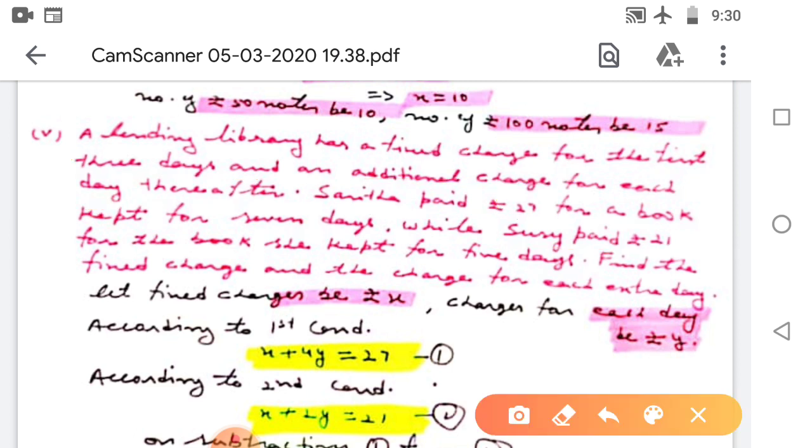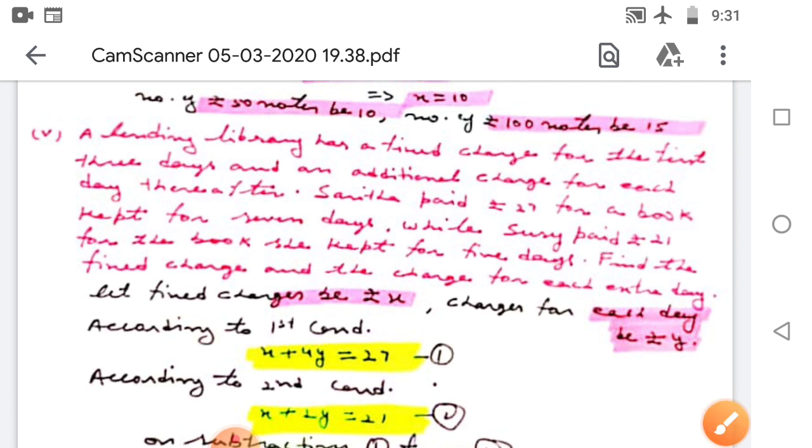For the first 3 days the charge is fixed, and after that an additional charge will be charged per day. According to the first condition, Sarita paid 27 rupees and kept the book for 7 days. In the second, 21 rupees for 5 days.